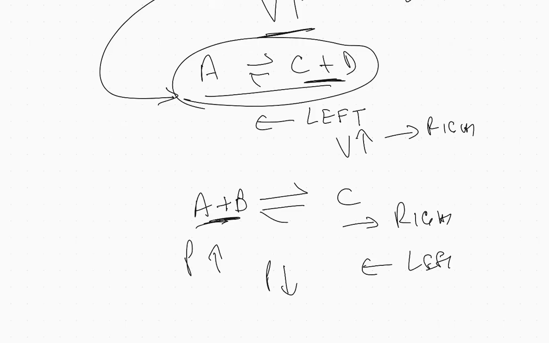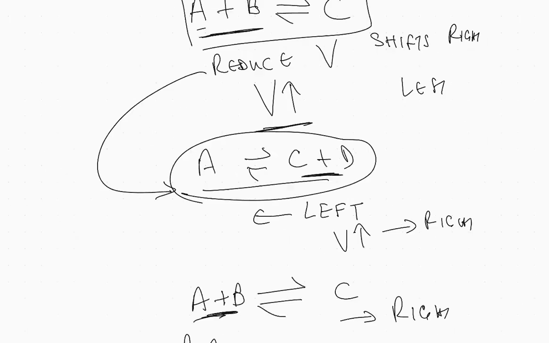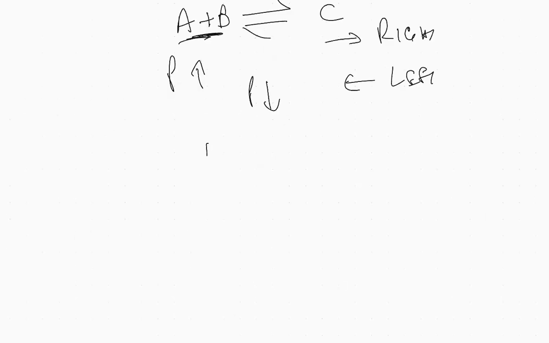Okay. All right. So then, what about the temperature? When it comes to the temperature, you have to know whether the reaction is exothermic or endothermic. So if I take a reaction like this, A, assuming that we keep the pressure constant, we keep the concentration constant, and we don't do anything else.